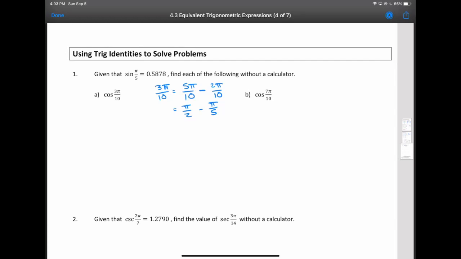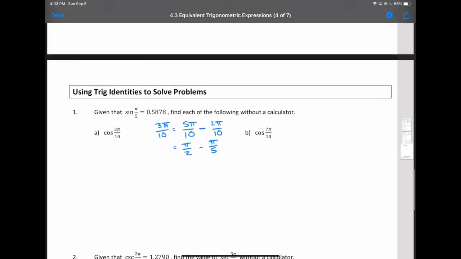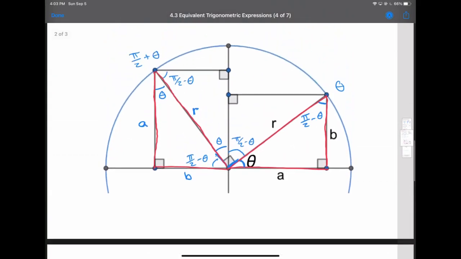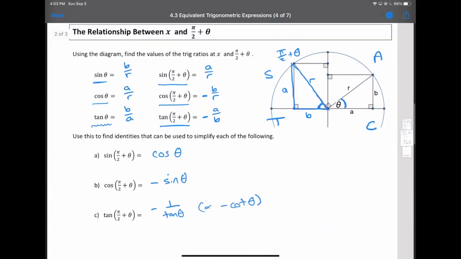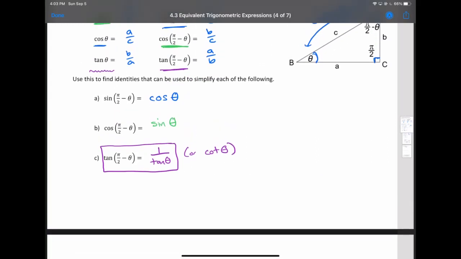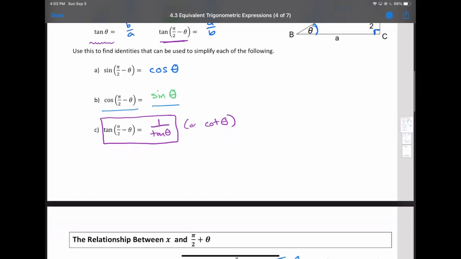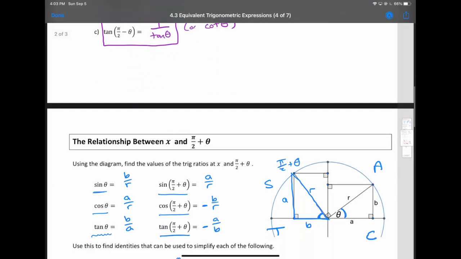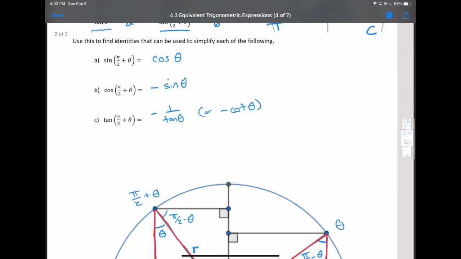So what does that mean? That means that cos 3 pi over 10, if I go back way up here, cos of pi over 2 minus theta equals sine theta.